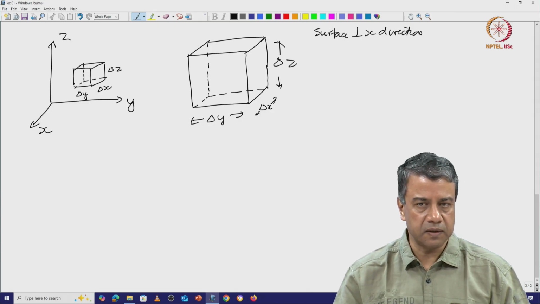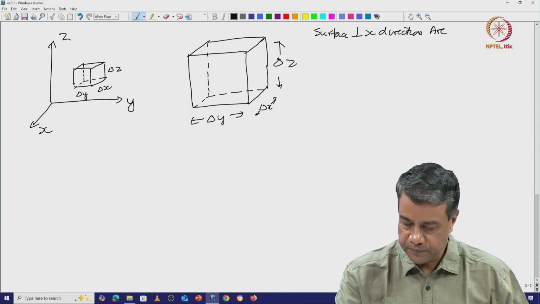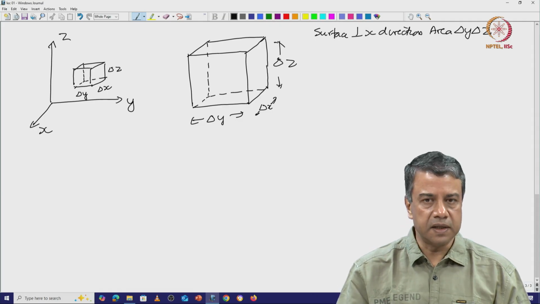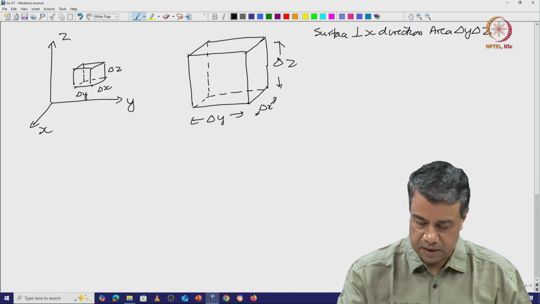They are perpendicular to the Ex direction, and they have area delta y, delta z. Delta y is the displacement along the y direction, delta z is the displacement along the z direction.